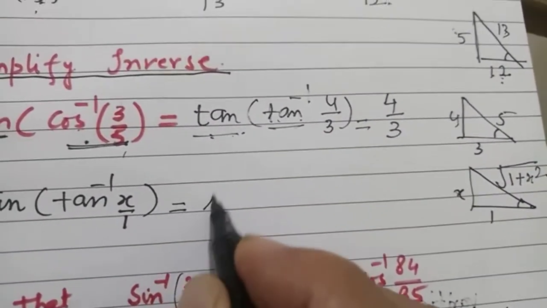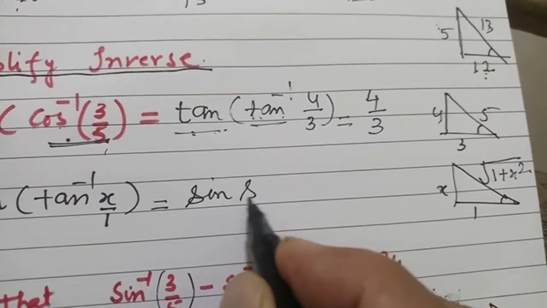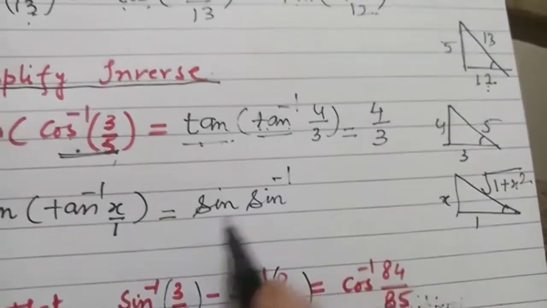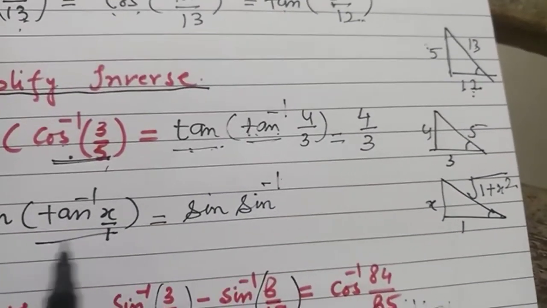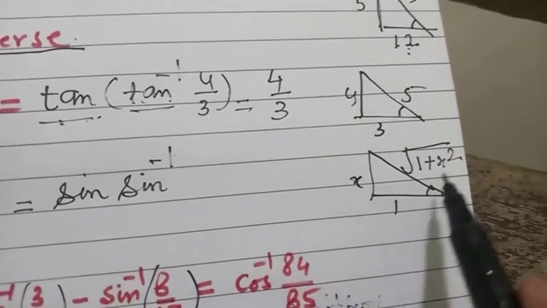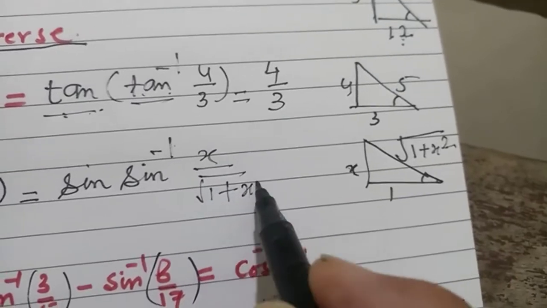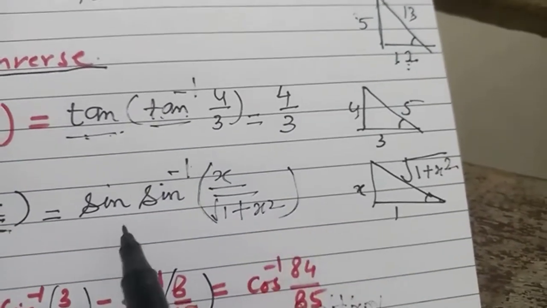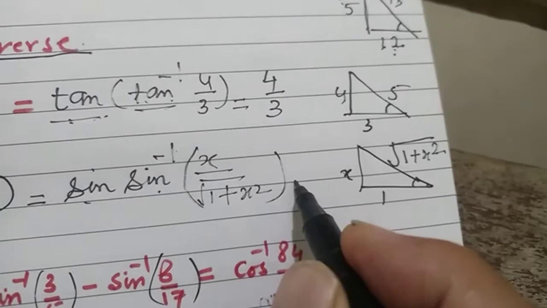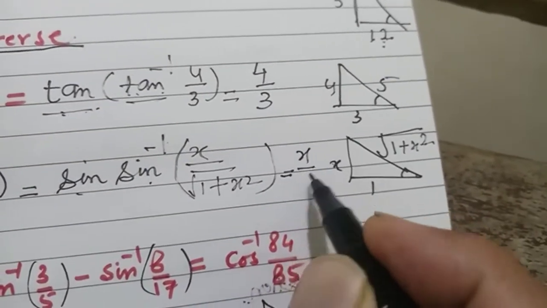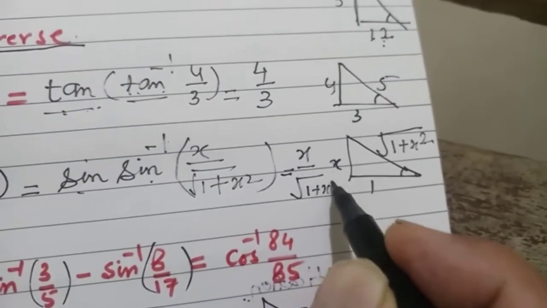So this is going to be sin inverse. Conversion to sin inverse: perpendicular upon hypotenuse, so it is x upon under root 1 plus x square. This sin and sin inverse cancel. What is the answer? It's going to be x upon under root 1 plus x square only. That's it.